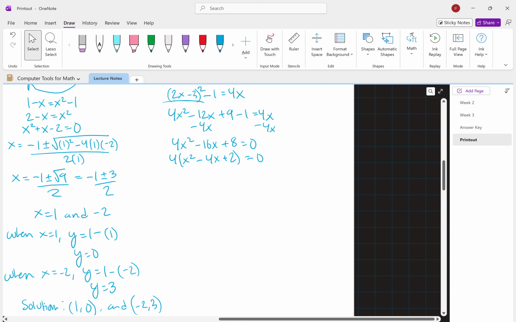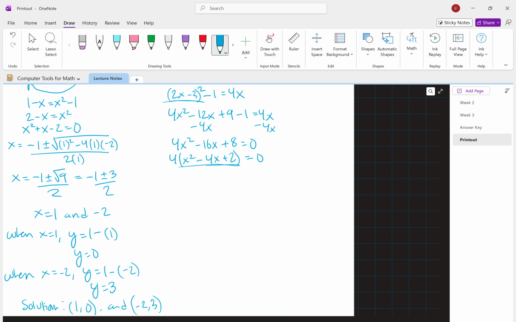And then from here, again, on this part of our equation, we can use the quadratic formula. So x is going to go to negative b. B is a negative 4, so 4 plus or minus the square root of negative 4 squared minus 4ac over 2a.